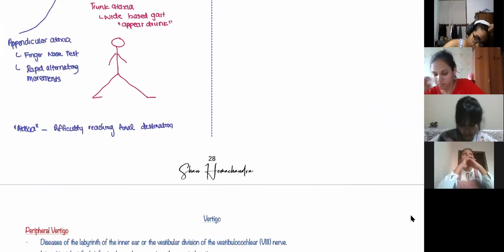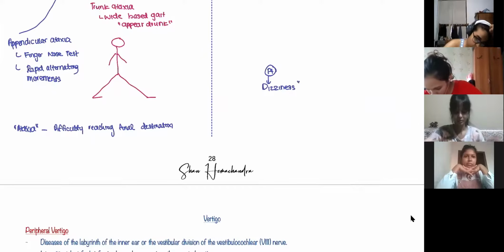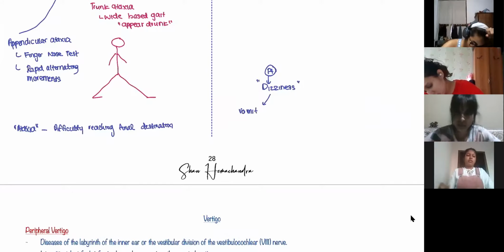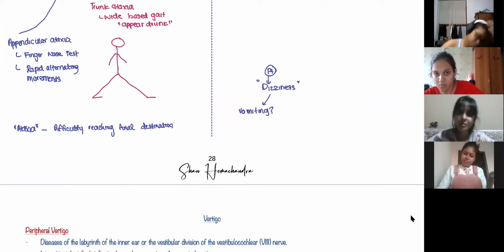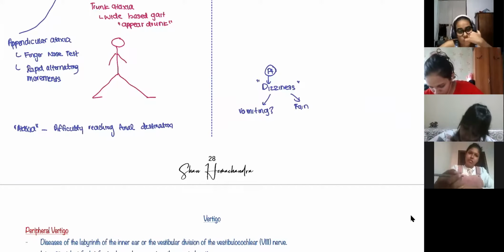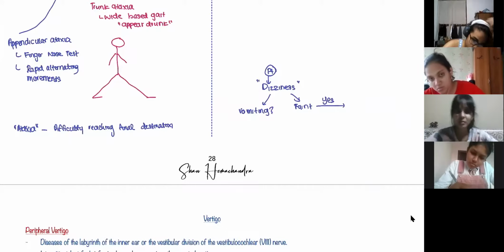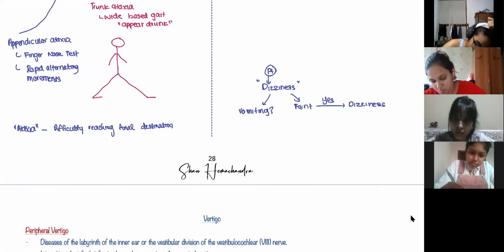Let me draw a diagram. Patient comes, says dizziness. You ask, this is actual dizziness. Guys, this is for your case discussions.